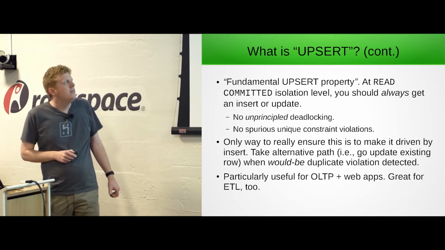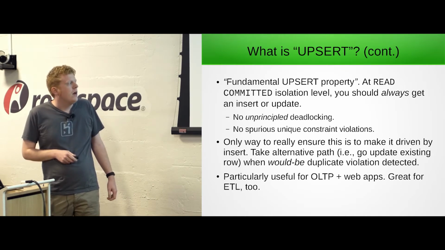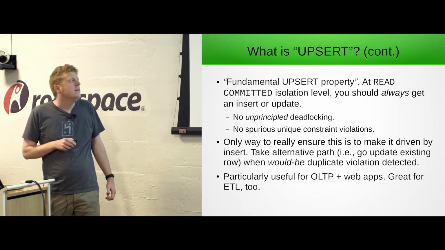This is the excluded pseudotable. Now what this does is allows you to reference the things you originally proposed for insertion over here. So as each row is updated, if indeed any row is updated, the update references, in respect of that tuple, the thing that you originally wanted to insert.